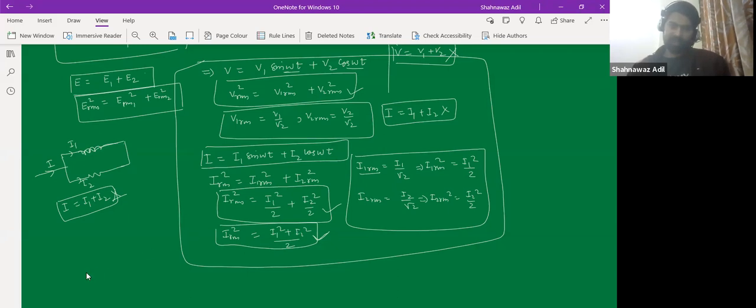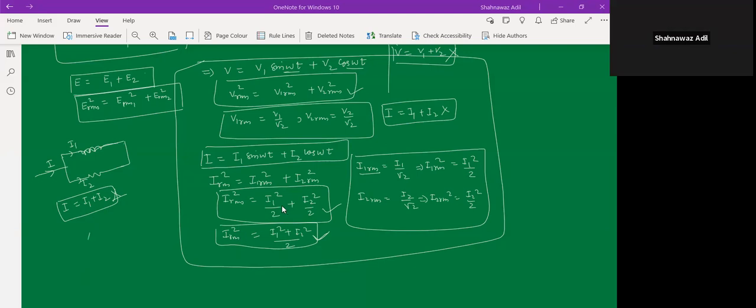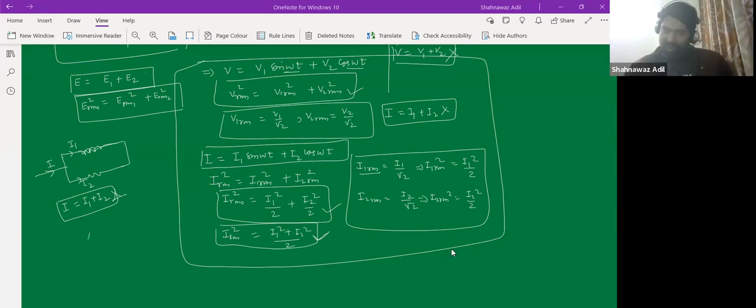Whenever you have noted it down, Tariq. I RMS square equals I1 square plus I2 square by 2. Because what I have told you is that I RMS whole square would be I1 RMS square plus I2 RMS square.